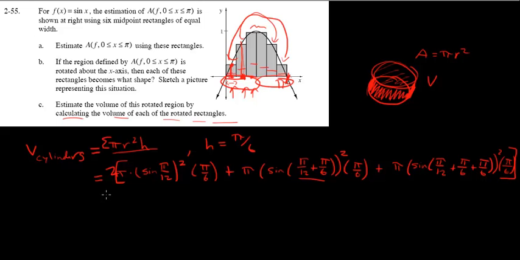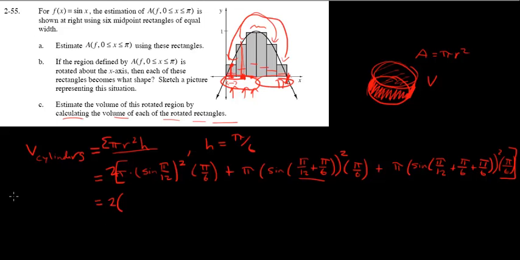Okay, so we can do this in summation notation, but this time I want to just do it out. So I'm going to do 2 times, use my calculator, sine pi divided by 12. Okay, this is going to take a while to put in the calculator.